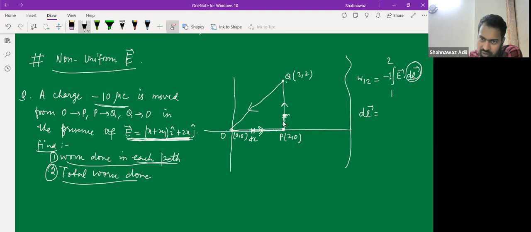If I'm moving in one dimension, this would be simply dx i for 1D. And if I'm moving in two dimensions, dl would be dx i plus dy j in 2D. Is this clear?